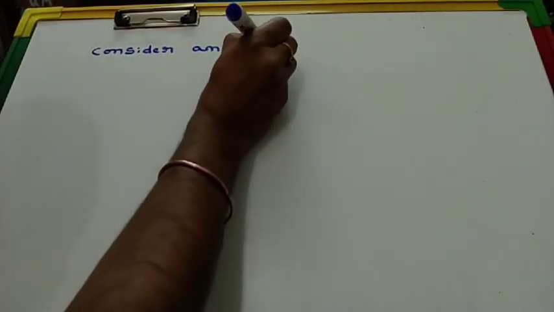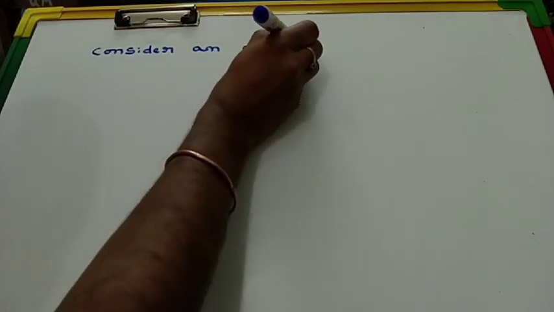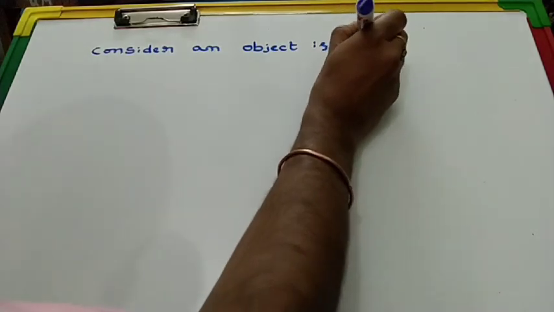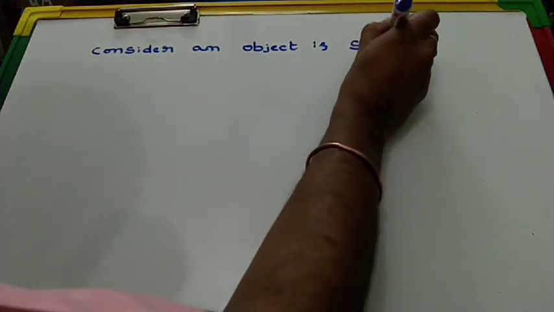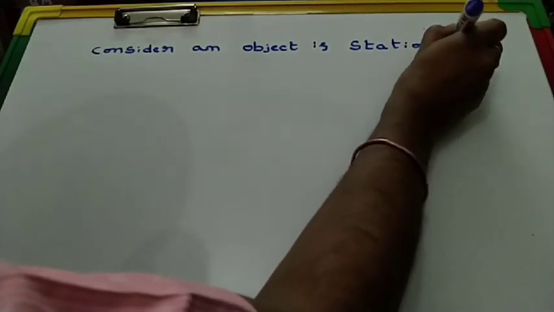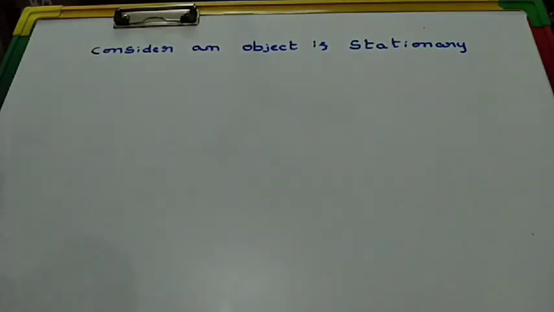Now what did we understand from this graph? We understood that, consider an object is stationary.